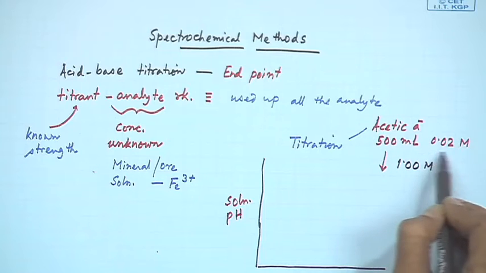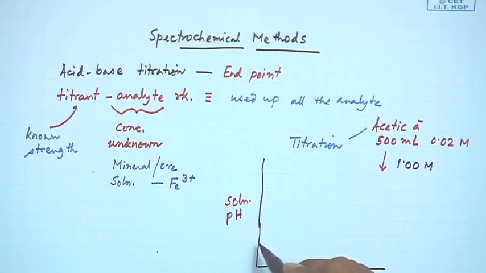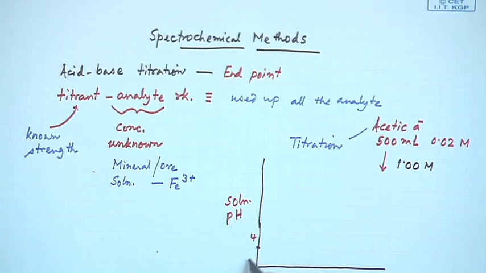Since we are starting from an acetic acid solution of certain strength, we will be at the lower level, that means the pH value will be between 3 and 4, and we will start the titration from that point.